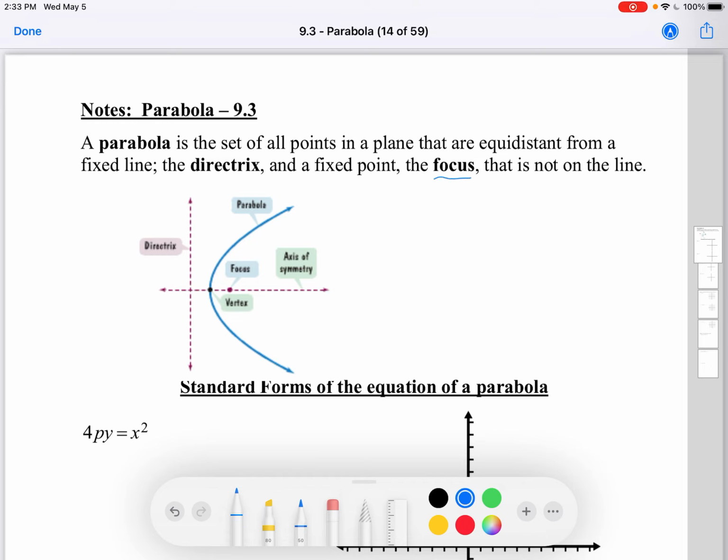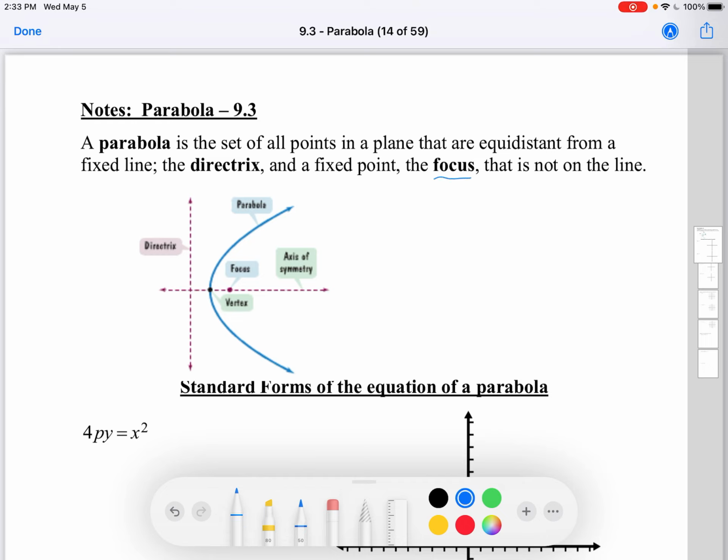All right. So if you take a look at this picture right below, we have a few things. Obviously, we have the parabola, which is opening up to the right. The directrix is going to go right behind the parabola every time, and it's going to be a straight line. Whether that's vertical or horizontal is totally dependent on the equation.